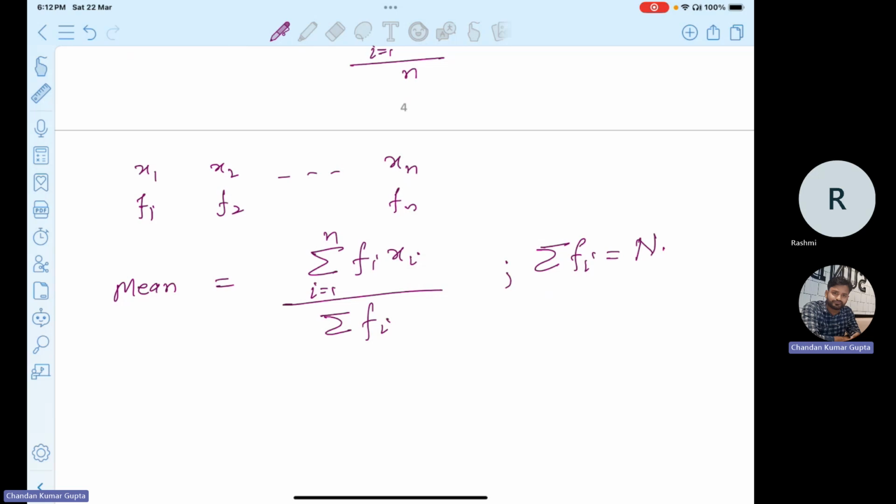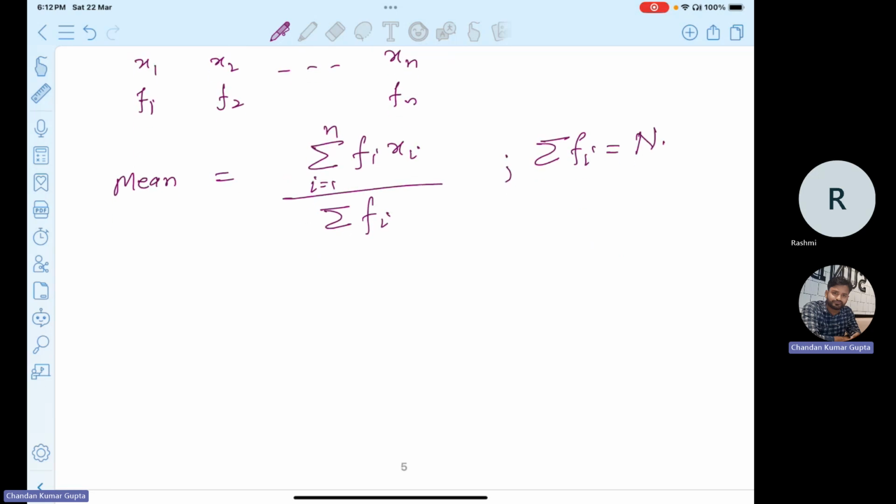There is one more case, when we have a grouped frequency distribution, where we have class intervals. Suppose we have class intervals like 0 to 10, 10 to 20, 20 to 30, and so on, with frequencies F1, F2, F3, and so on.